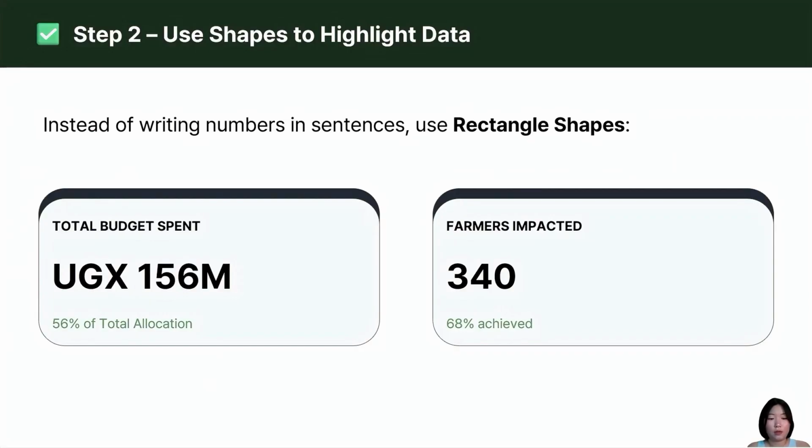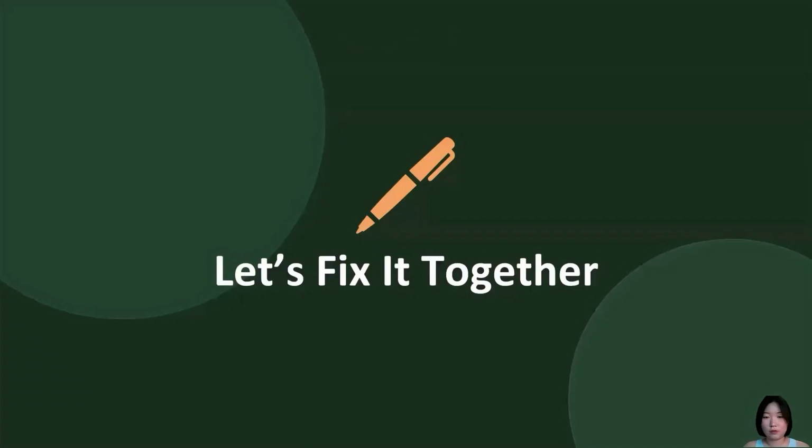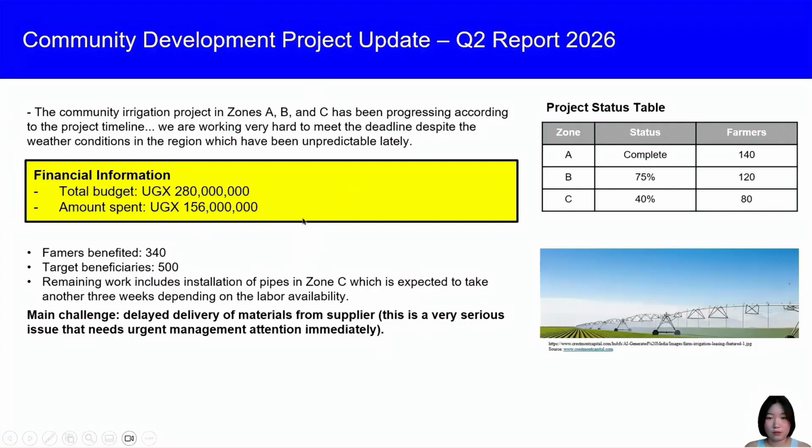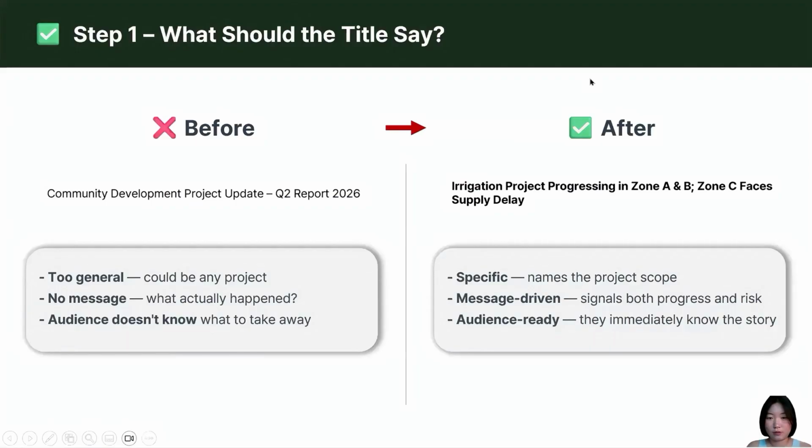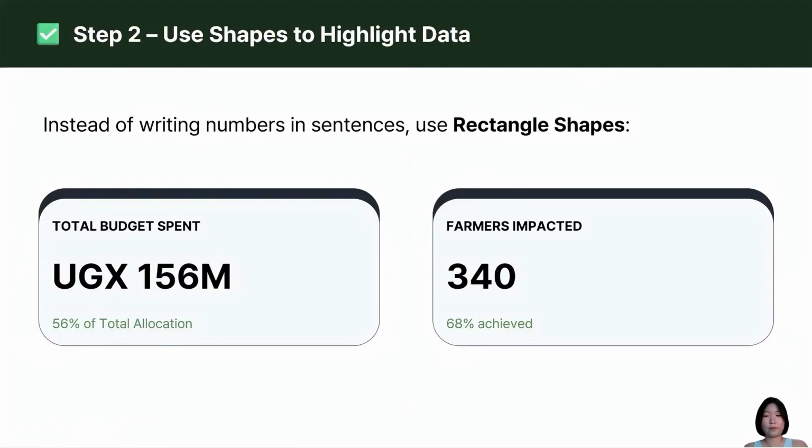Step two is reduce the text and extract data. We have too much information like that. So let's find the most important numbers for government leaders.